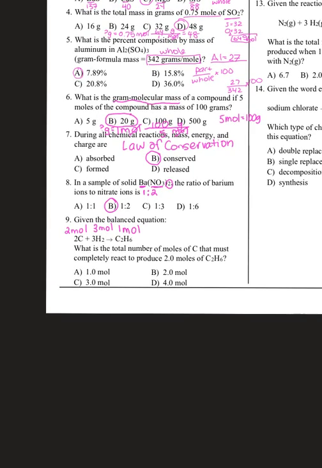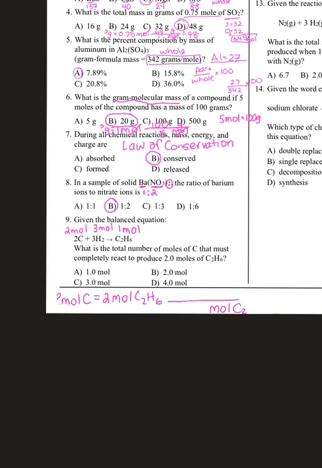So the question is asking, what is the total number of moles of carbon that are needed to completely react to produce 2 moles of C2H6? Okay. Now let's use the relationship between the moles from the balanced equation.